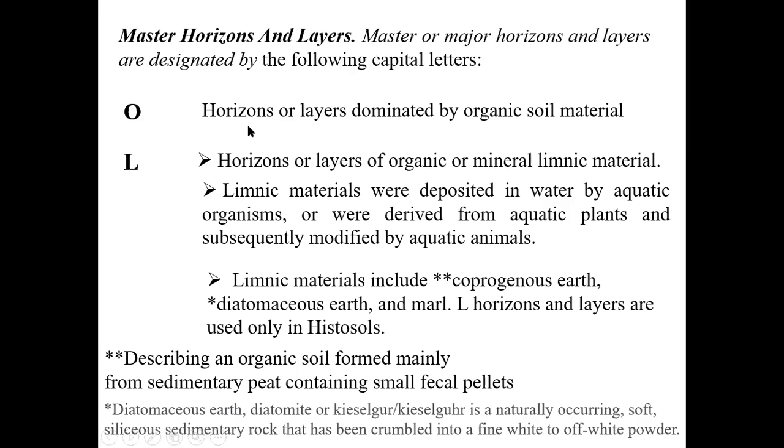O is a horizon layer dominated mostly by organic soil materials, and inside it there are many layers, which we explained in the previous lecture and will see in detail in coming slides. If you report O, that soil horizon comes under organic soil material, completely dominated by organic matter.